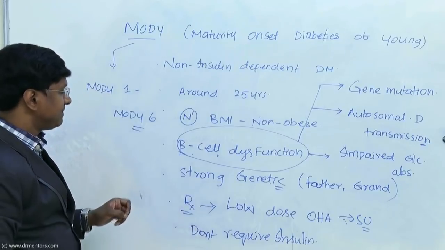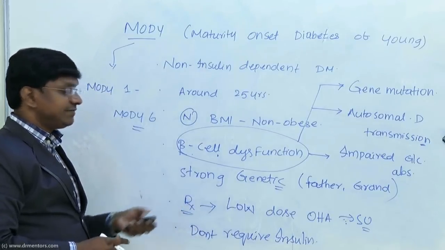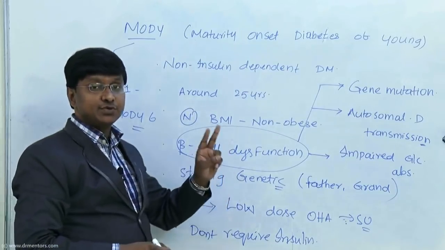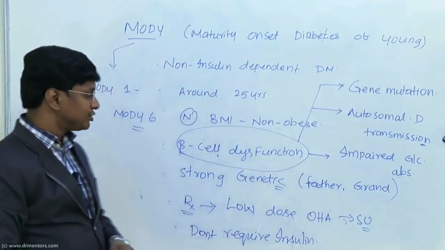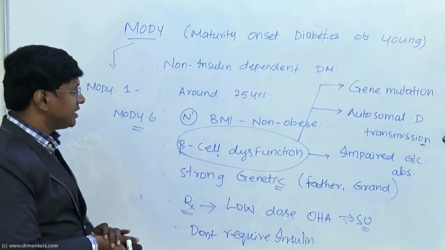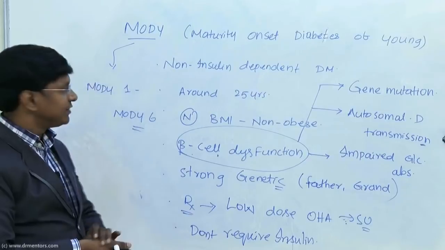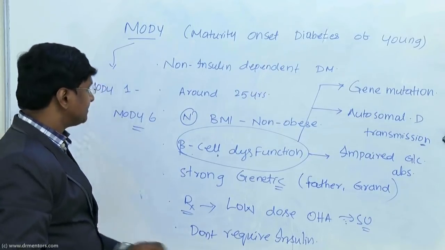And MODY has an autosomal dominant type of transmission. These patients with MODY will have a strong genetic inheritance, that means minimum 2 generations should be diabetic, that is father and as well as grandfather. In the treatment of these patients, you have to give low dose oral hypoglycemic agents, that is sulfonylureas, which will stimulate the beta cells to produce insulin.